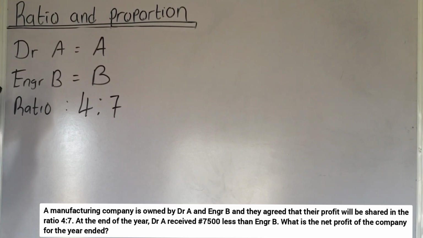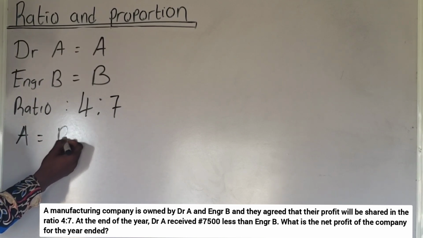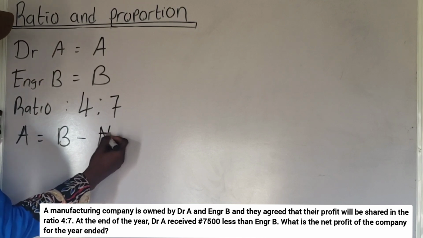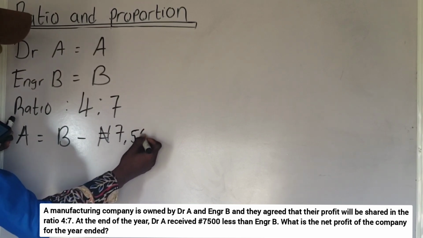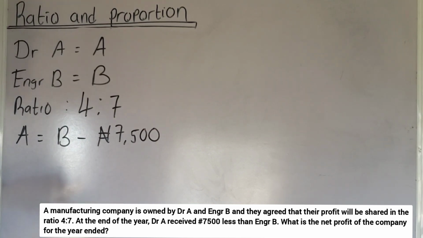Now we are told that Dr. A received 7,500 naira less than Engineer B. So A is equal to B minus 7,500 naira. Please, you have to learn how to interpret questions. This is a word problem, okay? Let me explain.